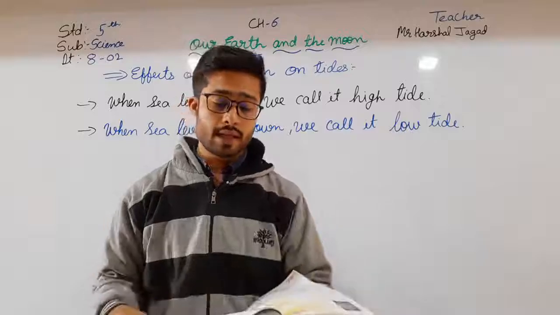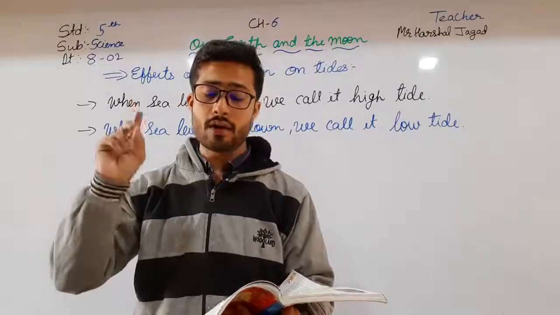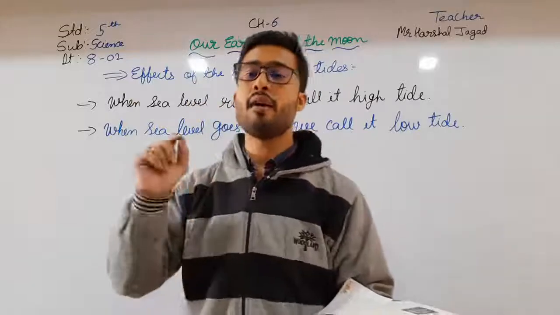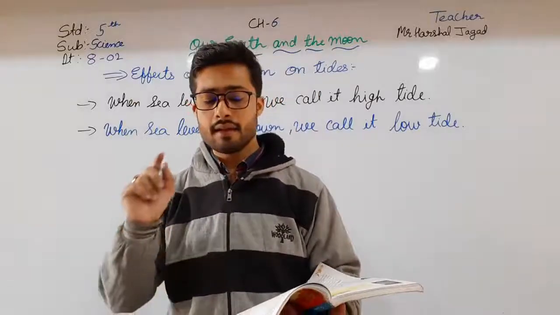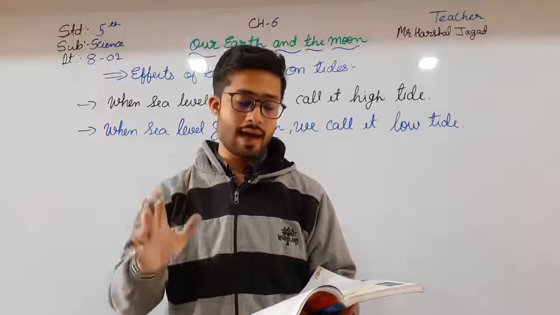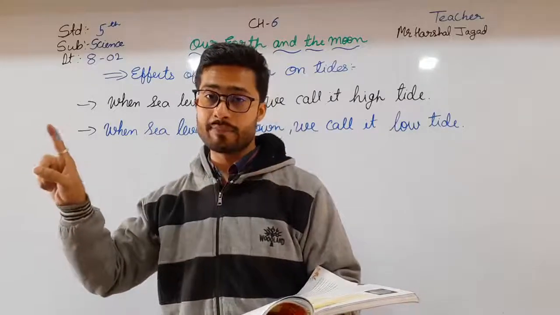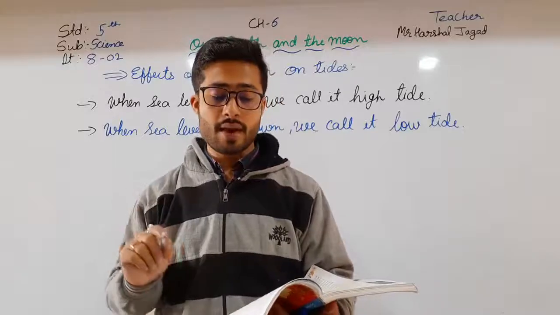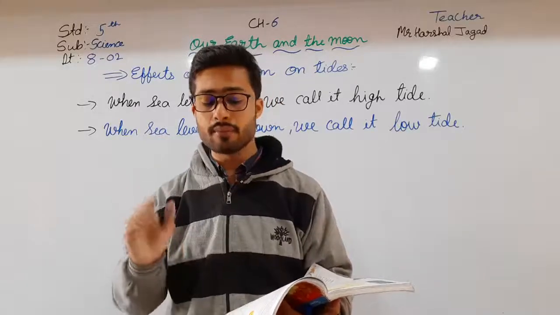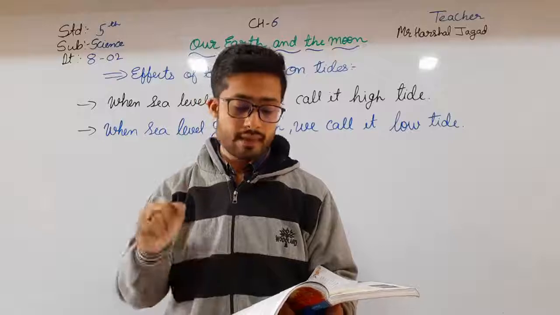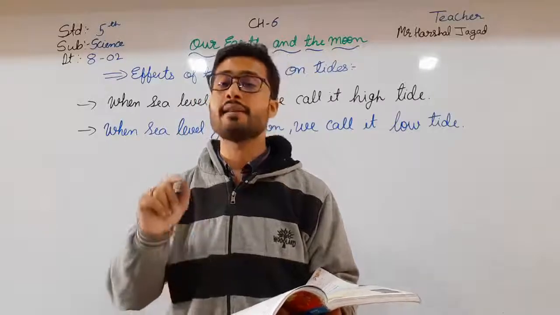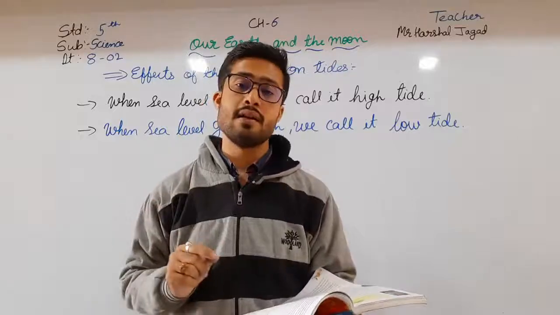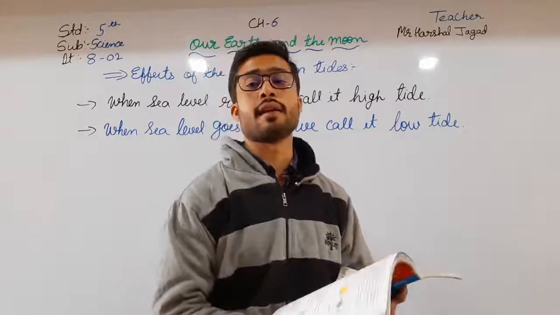Here, on full moon and new moon days, meaning on Purnima and Amavasya, the sun, the moon and the earth are in a straight line. So the combined effect of the sun and the moon pulls the water from the sea, and the highest tide occurs. So they are called the spring tides. It can be asked what spring tides are.